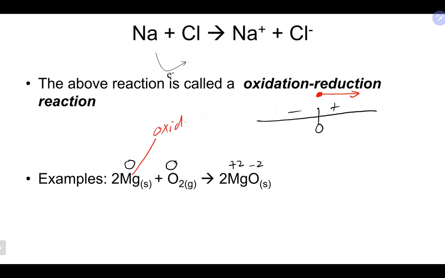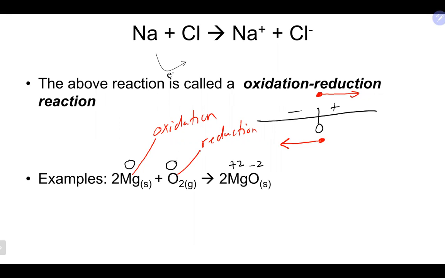We could do it for the oxygen on the left as well. The oxygen starts at 0, and on the right-hand side it ends at -2, which is going in this direction, becoming more negative, which means the oxygen is going through reduction. Any questions on that?